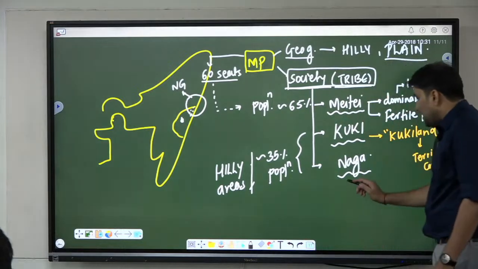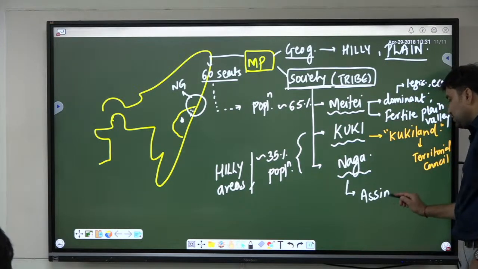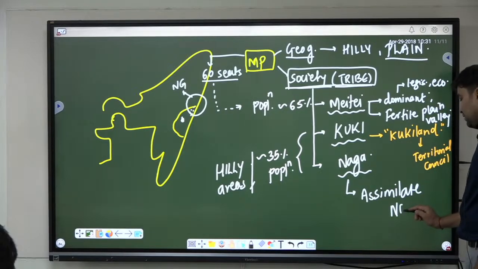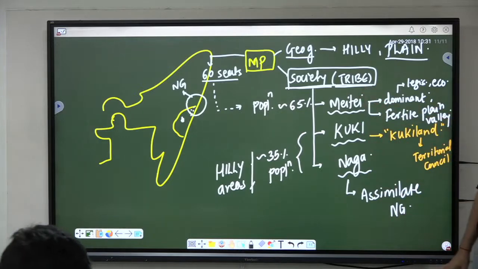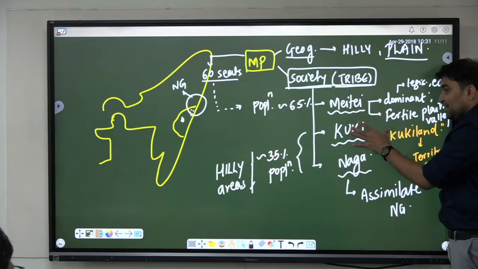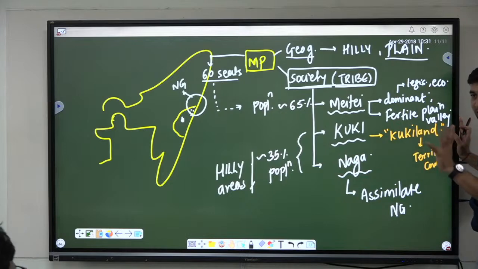That means Naga tribes want to assimilate with Greater Nagaland or Nagaland. I hope you are getting the idea. All of them are dominant tribes, and their demand is a separate state. Their demand is, I want to go there. And the geography, etc. Recently, what happened, I will tell you. I hope you are getting the idea.